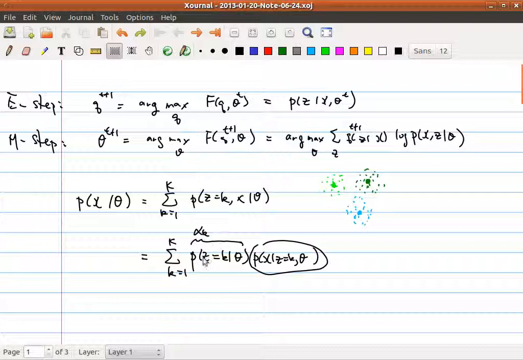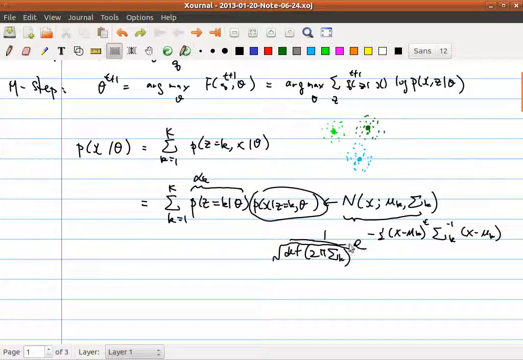In particular, alpha k is the prior probability of drawing from the k-th distribution. The second term is nothing but a Gaussian distribution with the corresponding parameters mu k and sigma k. Here mu k is the mean and sigma k is the covariance matrix.